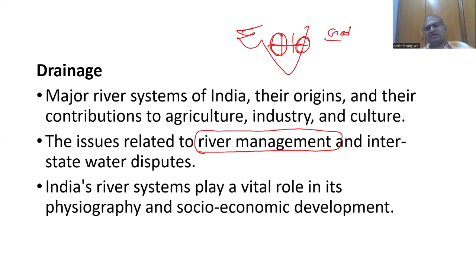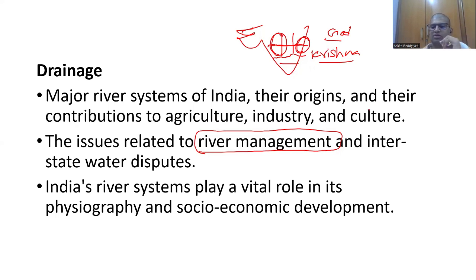Similarly, the river Krishna originates in Maharashtra, flows to Karnataka, then enters Telangana, and then enters AP. So it moves through four states, and there is always an issue related to water sharing of Krishna. Similarly, you have the issue related to the Kaveri river, which flows in two important states, Karnataka and Tamil Nadu. Since rivers in India travel through 2-3 states, there is the issue of water sharing.